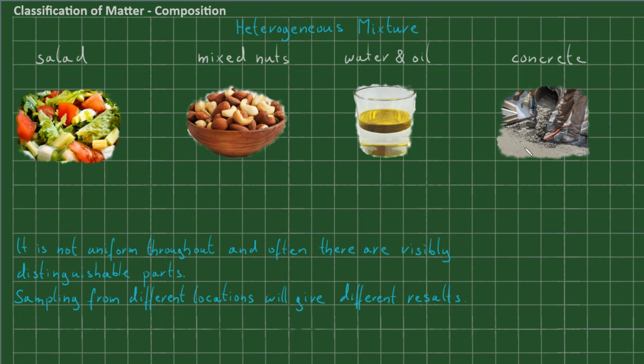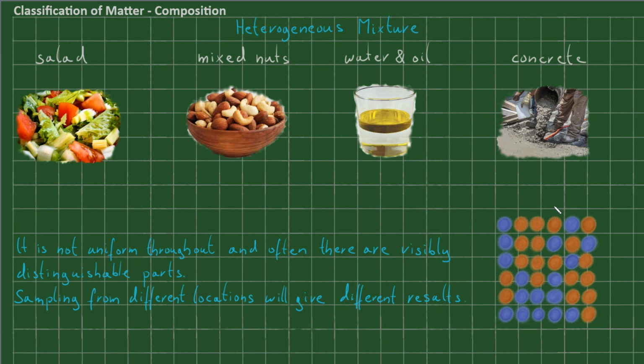So, let's look at the atomic scale of a heterogeneous mixture. Let's say that the blue and orange spheres represent different components of a mixture. The spheres are not mixed evenly throughout. I have sections where I have more blue spheres, and I also have sections where I have more orange spheres.